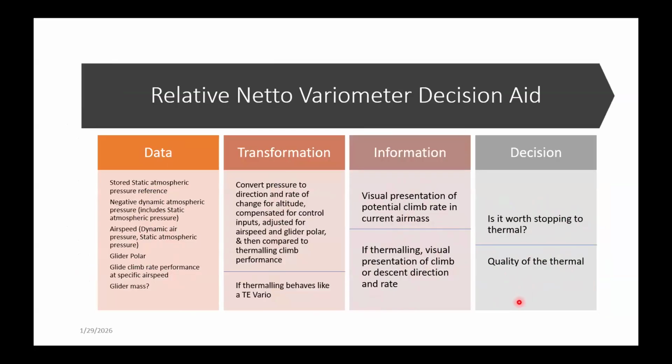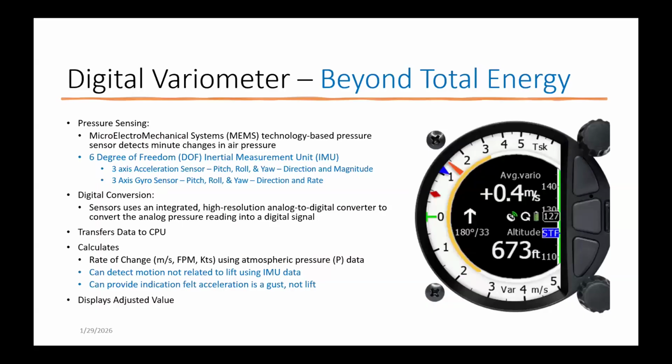So now, going beyond total energy. Total energy is the foundation of netto and relative netto, but it has a flaw. It cannot differentiate between lift and a non-vertical gust in the atmosphere.